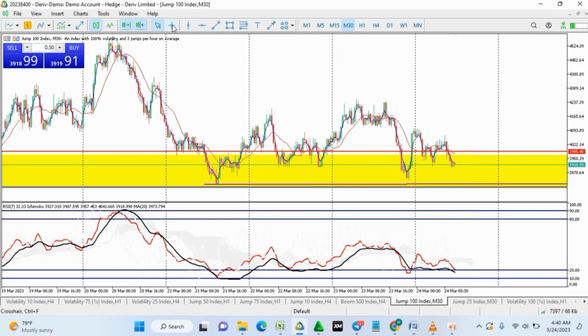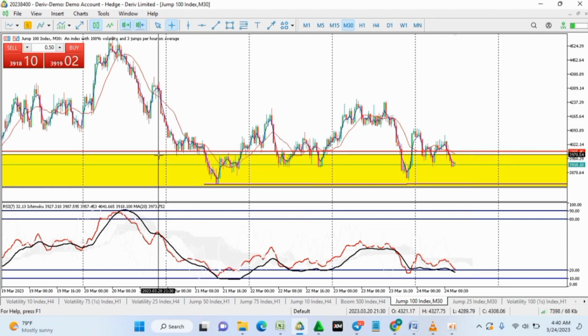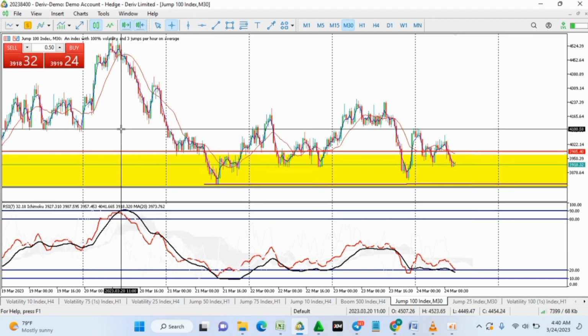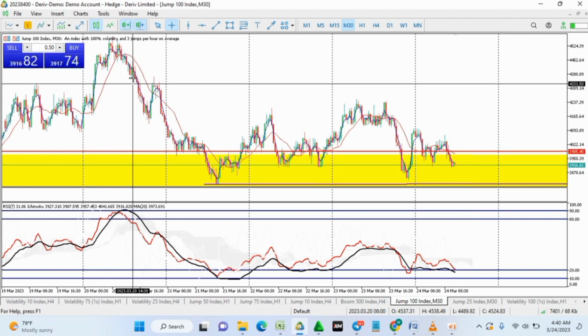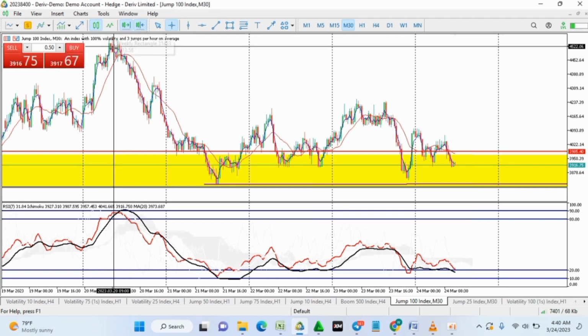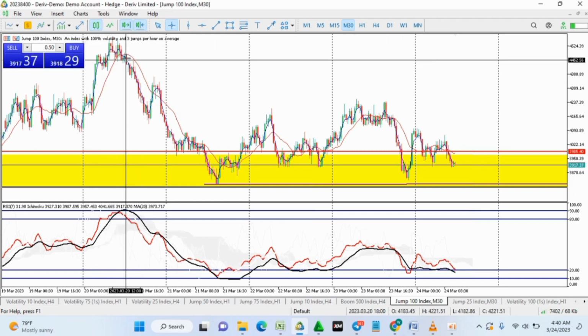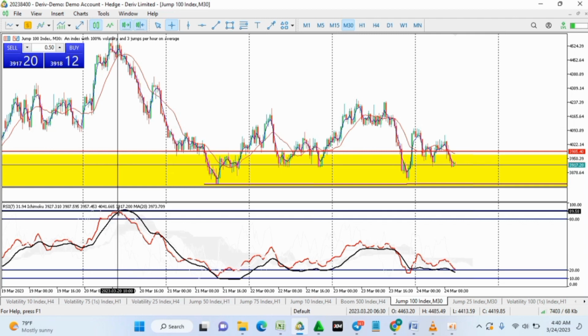Okay, let's go to Jump 100, and we see here price is a bit consolidating. However, price came from all this high and you can see there was something like a double top, which is tiny, right? And you can see there was a crossover at the extremes of level 90 and 80.